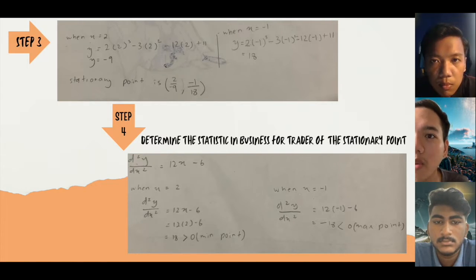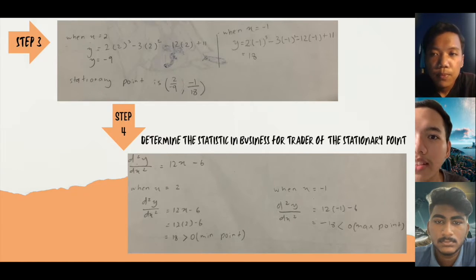And then when x equal to negative 1, the same method we use as for x equal to 2, which is y equal to 2 in bracket negative 1 power of 3 minus 3 in bracket negative 1 power of 2 minus 12 in bracket negative 1 plus 11. So the answer we get is 18.